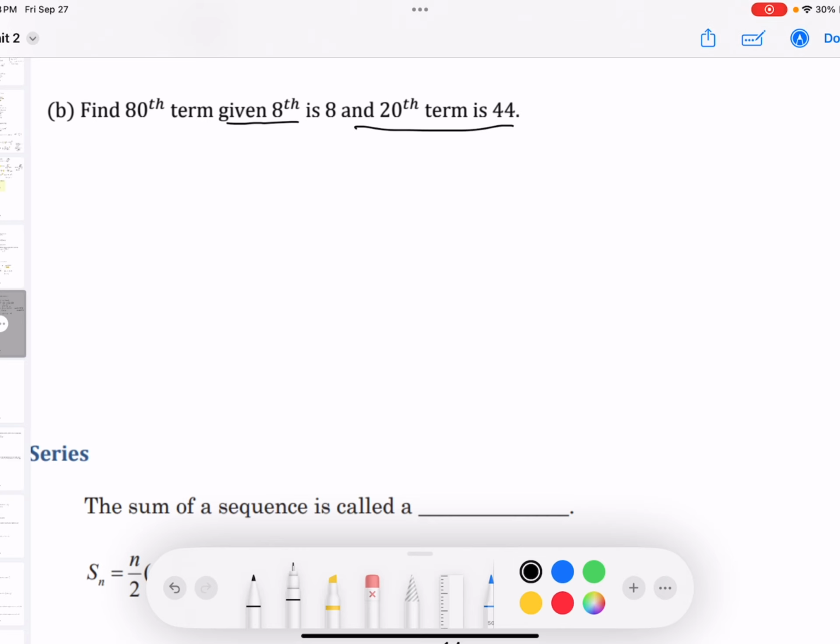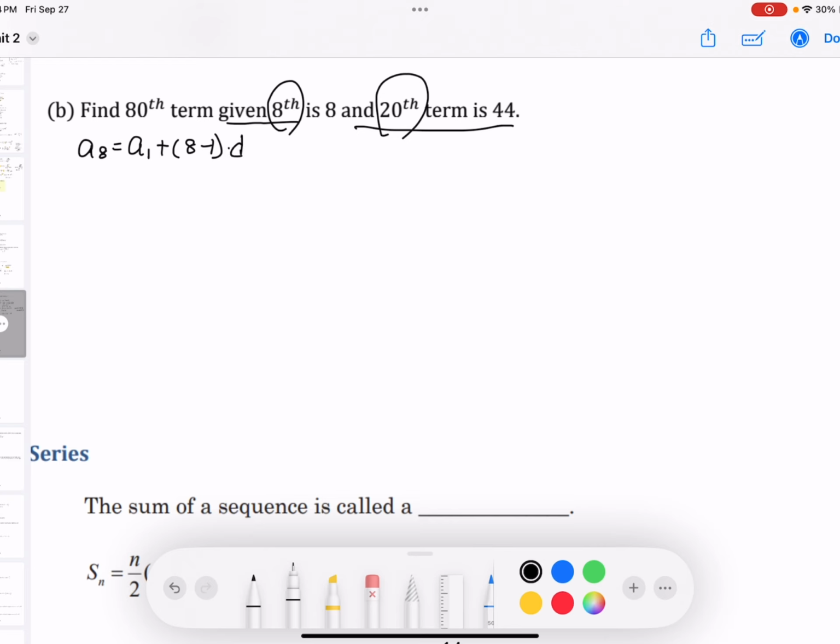So what's the relationship between a sub 1, a sub 8, a sub 20, and d? Okay, so we have a sub 8 is equal to a sub 1 plus 7d. How did I find 7? It is 8 minus 1 times d.